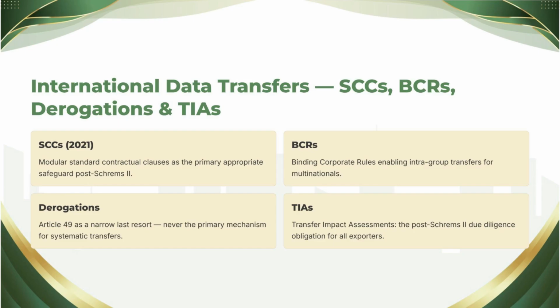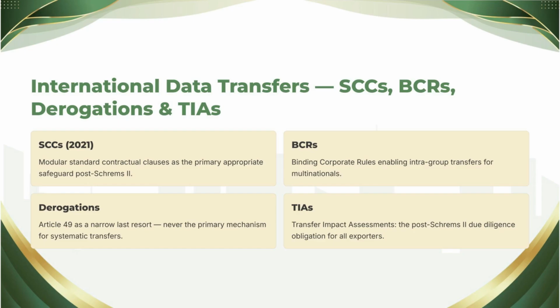Next, the newer arrivals, codes of conduct and certification mechanisms as transfer tools, promising but still finding their feet. Then, we descend to the emergency exits, the Article 49 derogations, explicit consent, contract necessity, legal claims, vital interests, and why the EDPB insists these doors are for occasional use only, never a business model.